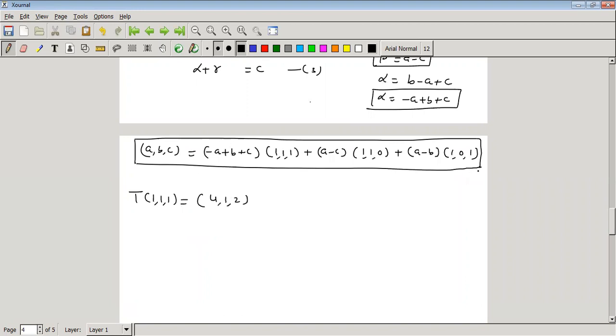Let this be equation 4. So using 4, here a equal to 4, b equal to 1, c equal to 2.